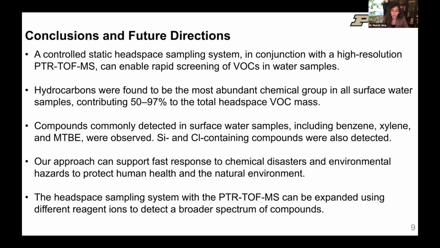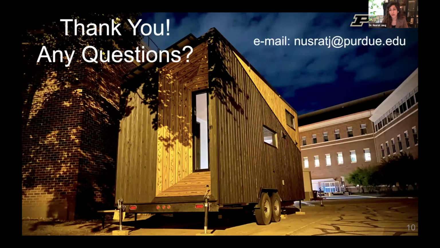The paper is open access. We invite you all to read it, learn more about it, use it, and deploy it. We really hope that this will help advance our understanding of how sophisticated tools can support a rapid response for disaster relief. That is the end of my presentation.